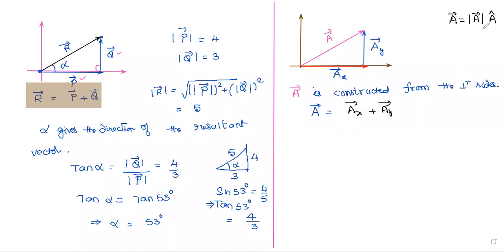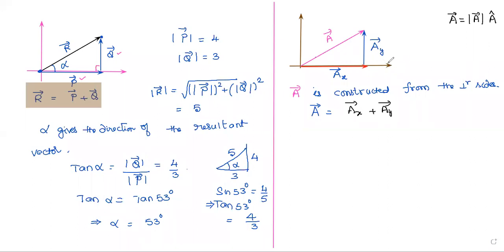Anyone remember this part? Yeah, good. A bar can be written as its magnitude into its unit vector.